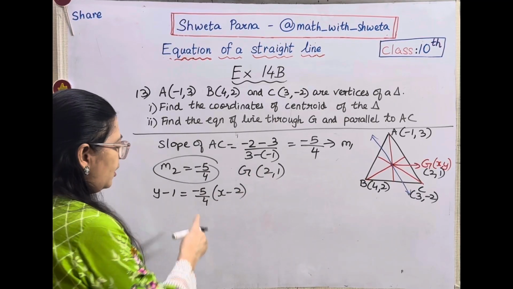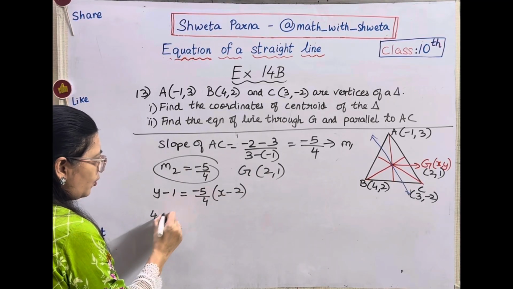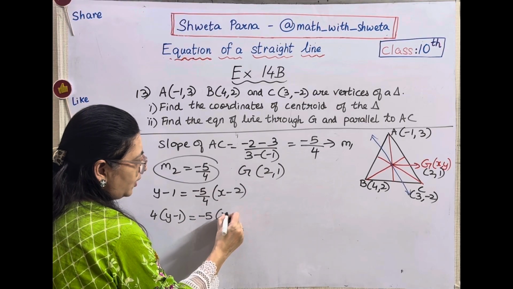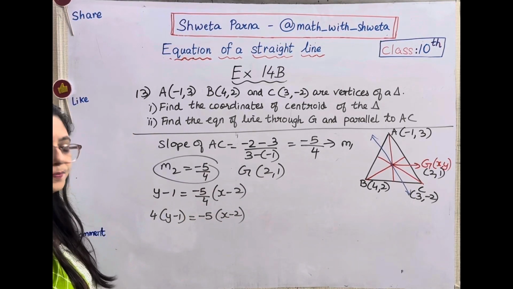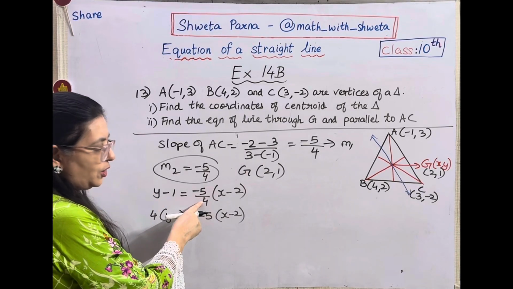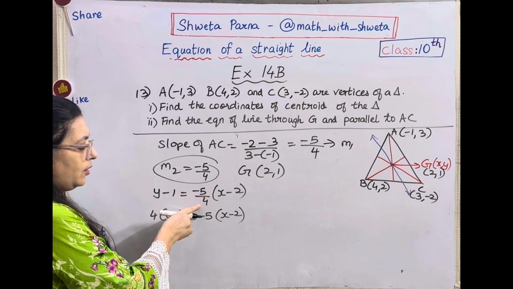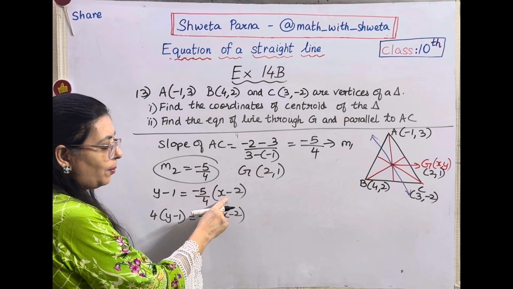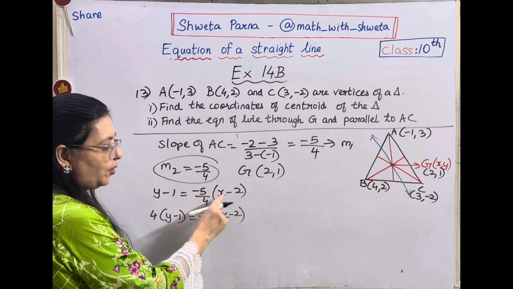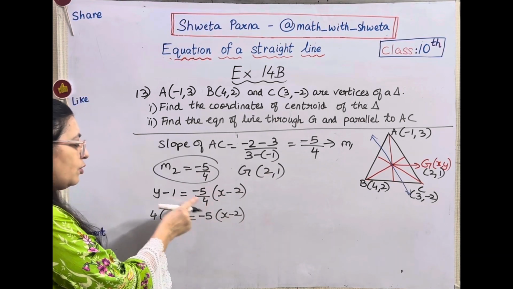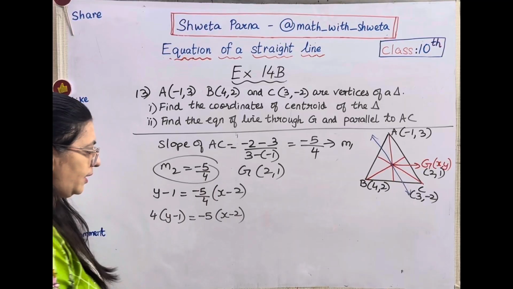Take 4 to this side. 4 into y minus 1 is equal to minus 5 into x minus 2. Now children, one more thing. Whenever you have a fraction, it doesn't mean every time you can take the denominator to the other side. Over here this was division. You are multiplying minus 5 upon 4 into x minus 2, where 4 is the divisor. So therefore you are taking this to the other side.